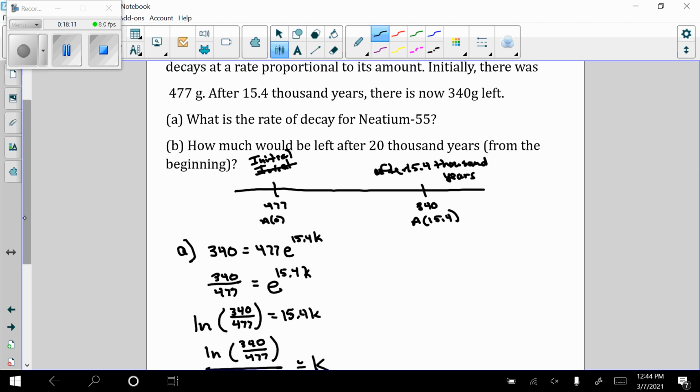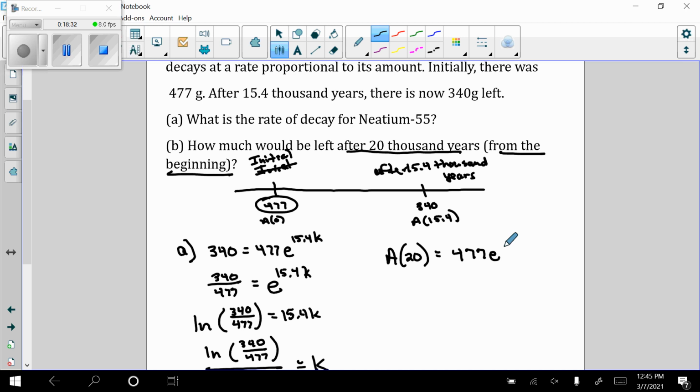Okay, so now I need to know how much would be left after 20,000 years from the beginning. So I want to make sure that I use this 477. So A sub 20, remember that's 20,000 years, is 477E to the negative 0.022 times 20. Make sure you use that decay rate as negative.